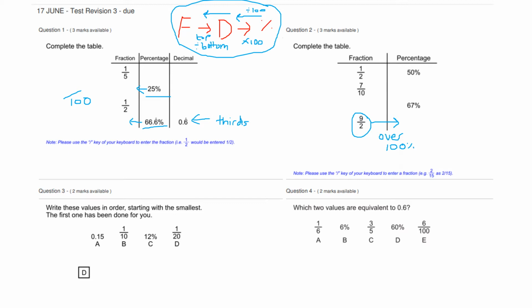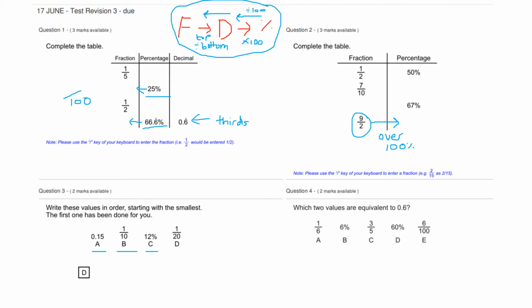For question 3, we need to write these values in order, starting with the smallest. So they've already told us that 1/20 is the smallest one here. Now, A, B and C are a bit difficult to compare because one's a decimal, one's a fraction and one's a percentage. So what you want to do is put them all into the same format so you can compare them easy enough.